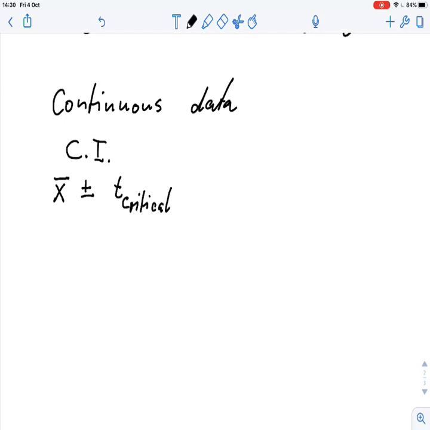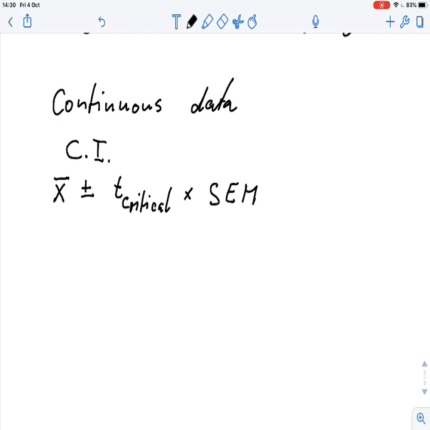Critical T factor times, and here comes an old friend. Sam. Hi, Sam.